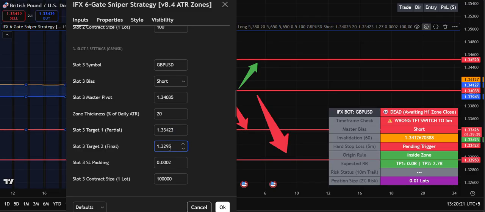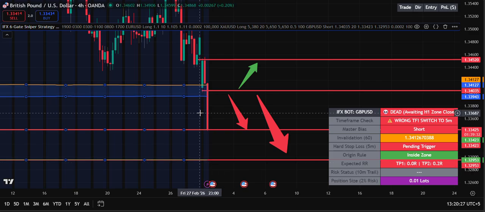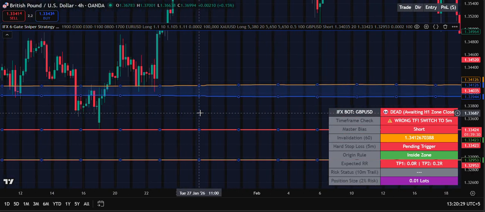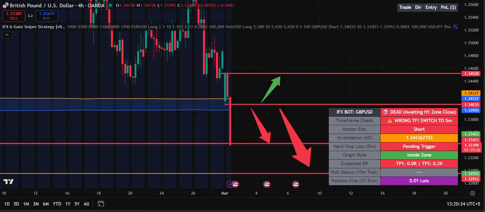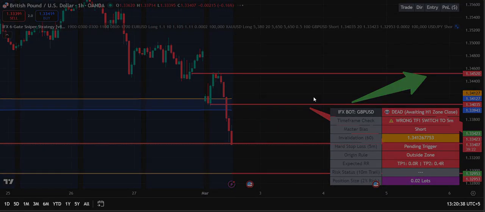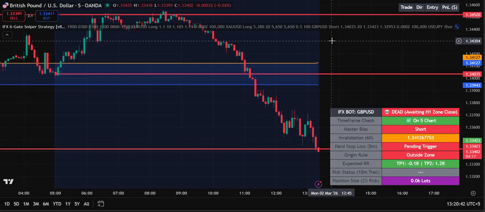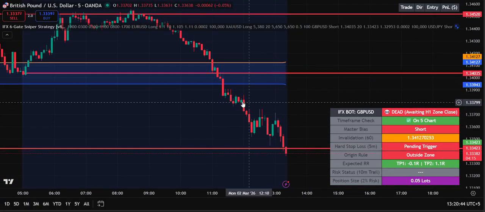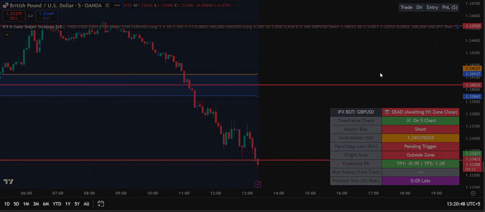It will wait for the price to come back into the zone, and then it will start trading itself, and it will also provide SL and everything else as well. Remember, it will be trading on the 5-minute charts.